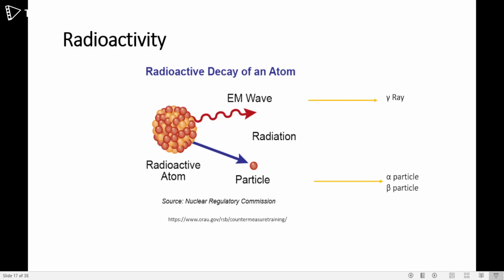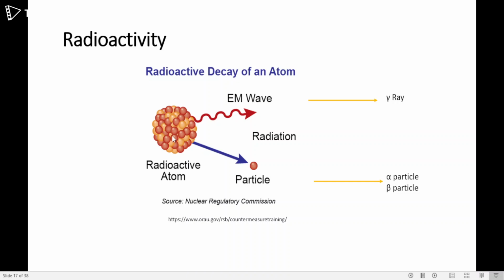So let's take a look at this illustration here. This is just to help us visualize what I have said so far. When we talk about radioactivity, we are talking about the radioactive decay of an atom. Here it represents the nucleus of an atom, protons and neutrons.